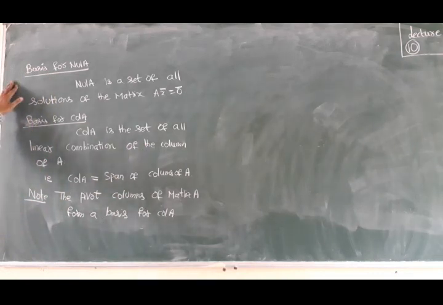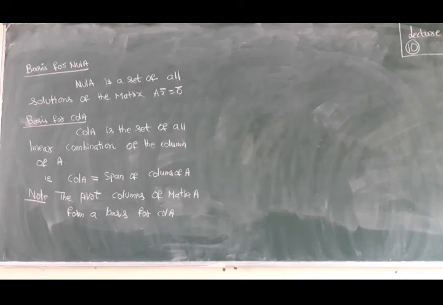Basis for null A and basis for column A. Write the definition once. Null A is the set of all solutions of the matrix equation A x bar equal to 0 bar.